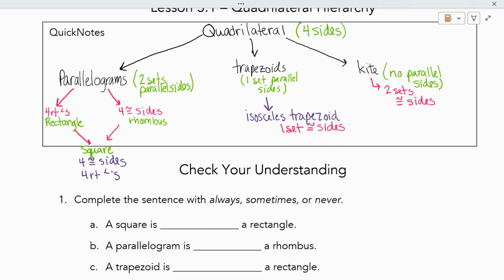So this is called a quadrilateral hierarchy. It's kind of how things break down. So we're going to do this check your understanding down below using always, sometimes, or never. Siempre is always, and nunca, never, right? Como se dice sometimes?